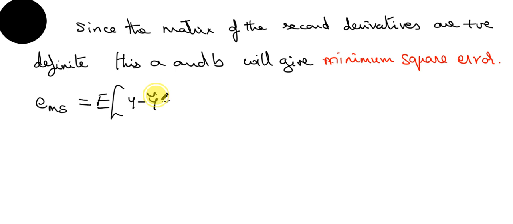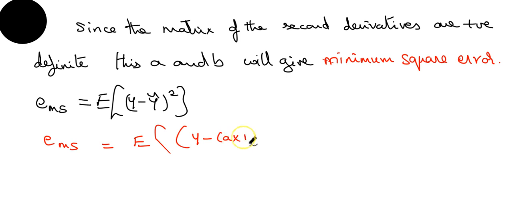Here y minus y tilde the whole squared happens to be, in this particular case, E of y minus (ax plus b) into y minus (ax plus b). I am sorry, I have multiplied twice, whereby the whole square is not needed as I have written the term separately. Now let me consider this and start my expansion.